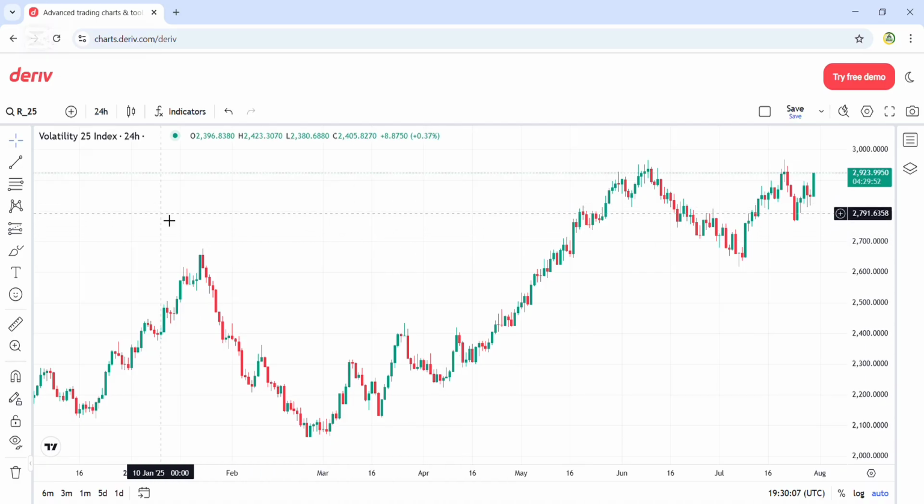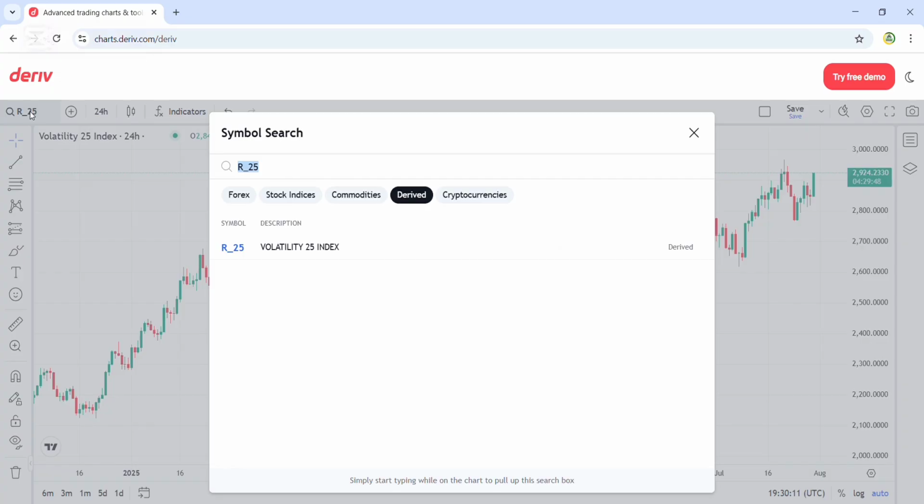Far left, you're going to see R25. You click on it. When you search the derivative chart and you go to volatilities, you may find that it's at this point, the Forex. Don't get shocked. Just look for derived, this one. Click on it and they'll be here.